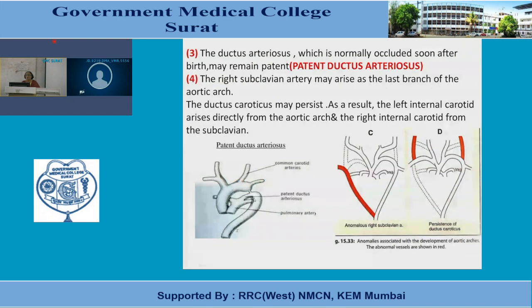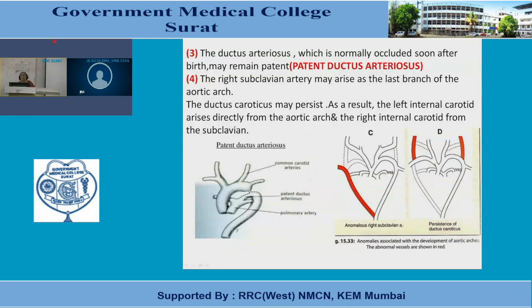In the right fourth arch anomalies, the right subclavian artery may arise as the last branch of the aortic arch. You can see in the given diagram the right subclavian artery arising as the last branch of the aortic arch. The ductus caroticus may even persist.